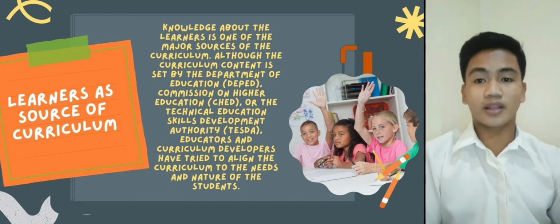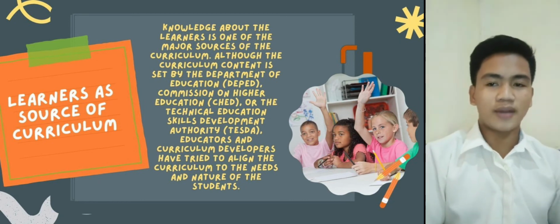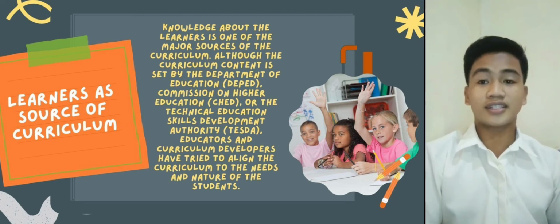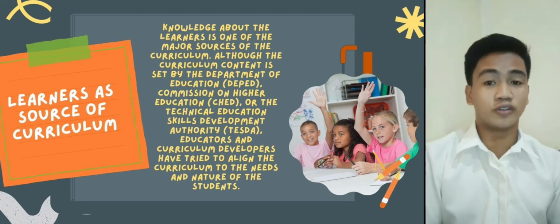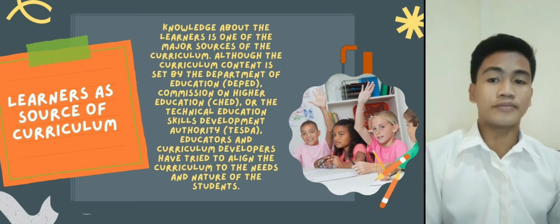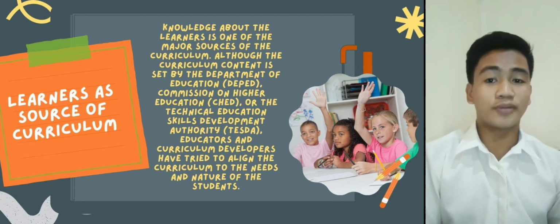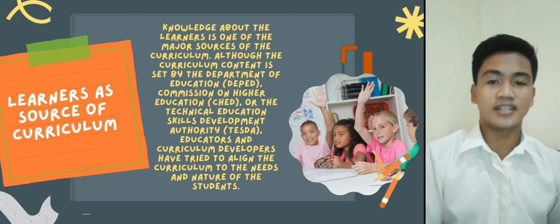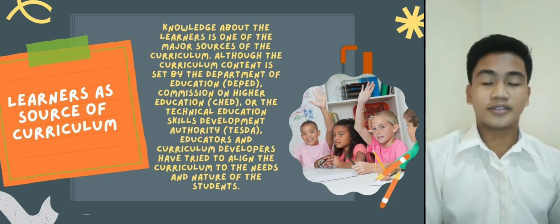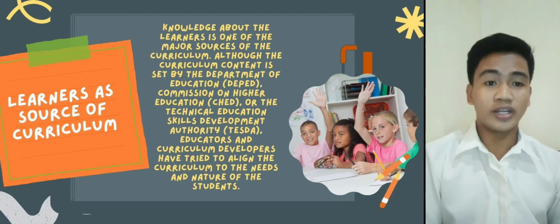When faculty members design their individual curriculums, unit plans, and lesson plans as an interpretation of the intended curriculum, students have different motivational levels. Students from different provinces have different cultures, languages, learning styles, and needs. Students also differ in terms of economic status and educational attainment. So we need the learners as the source of curriculum.